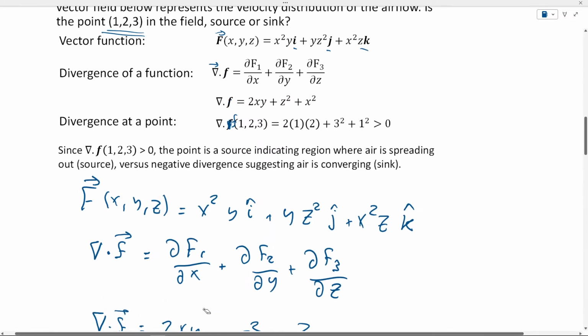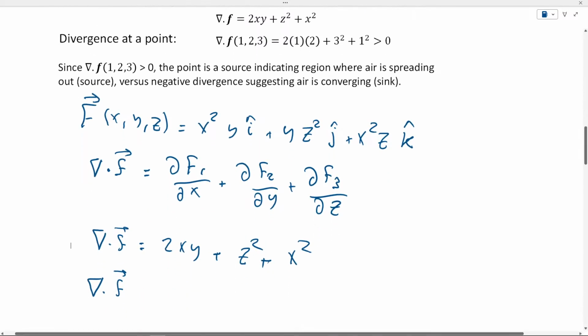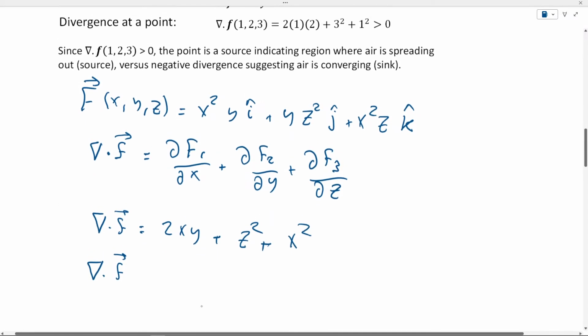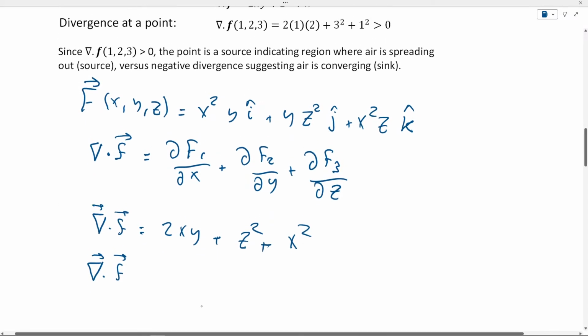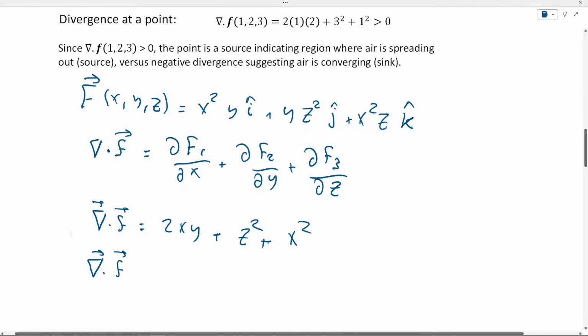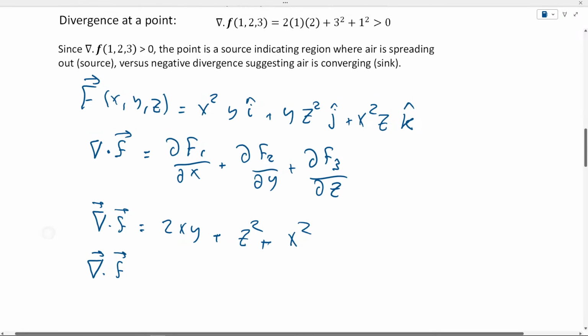This is a vector function, it gives you a scalar. That's exactly correct. You get a scalar.